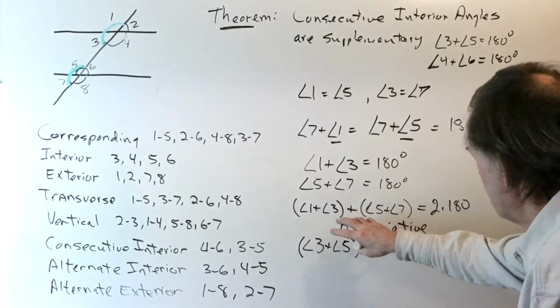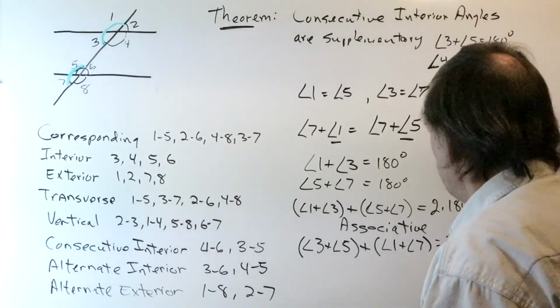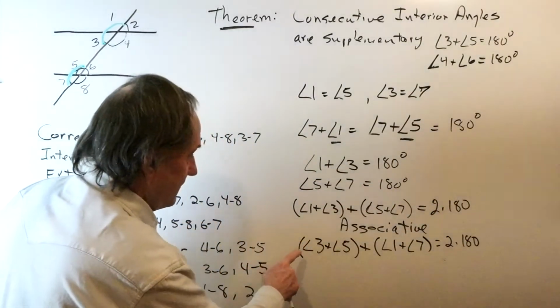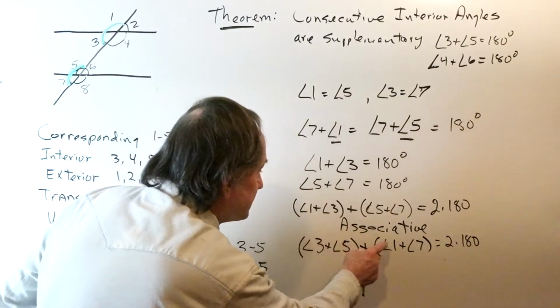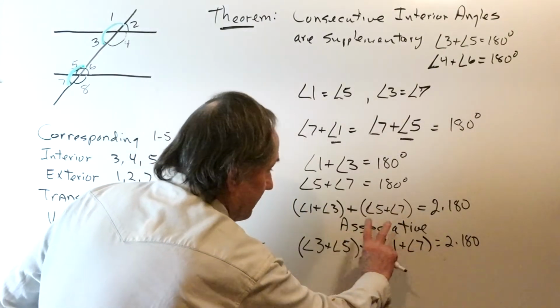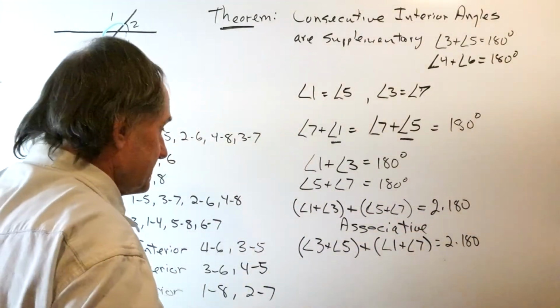All I've done is rearrange this, and this is equal to twice 180. That is, with angle 3, I put angle 5, and with angle 1, I put angle 7. This is called the associative property. I can rearrange the terms in a sum.